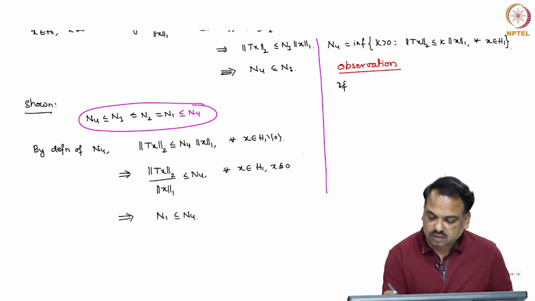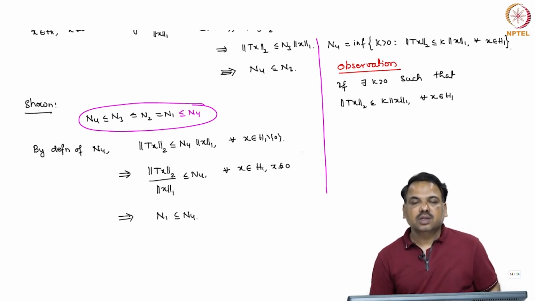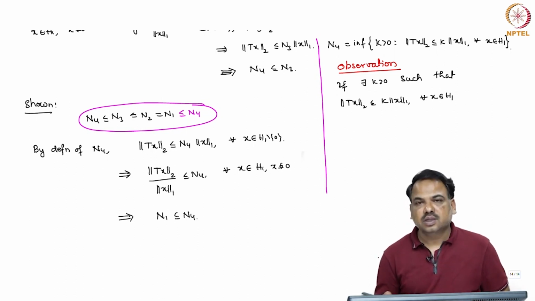if there exists k bigger than 0 such that norm Tx is less than k times norm x for every x in H1. Now if you take any number bigger than k, that also satisfies this condition.